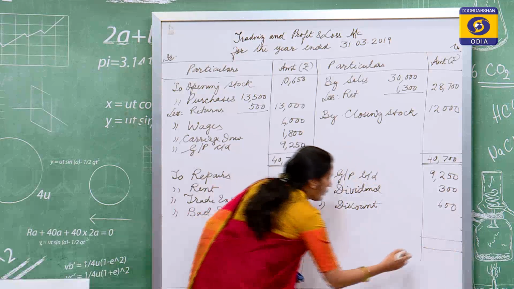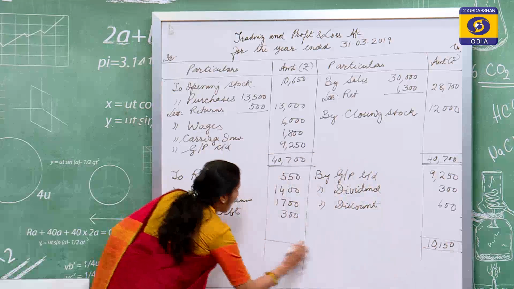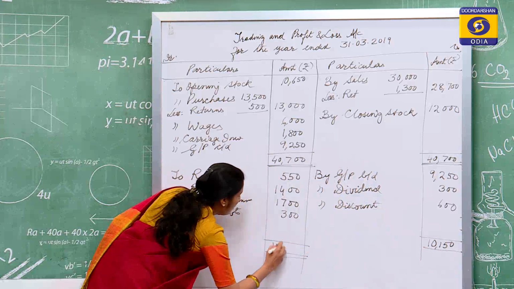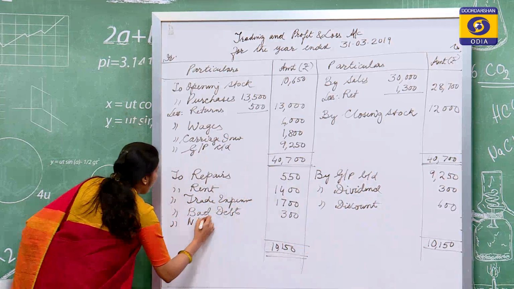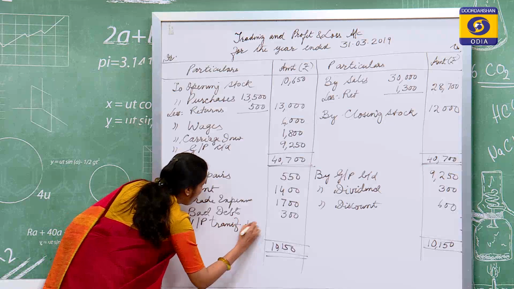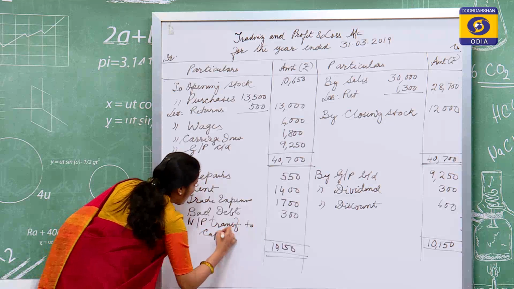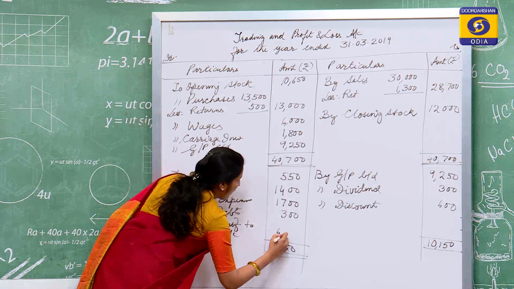The total will be 10,150. So we have a net profit, that is the net profit is transferred to capital account. So it is transferred to capital account, and net profit you will get is 6,200.